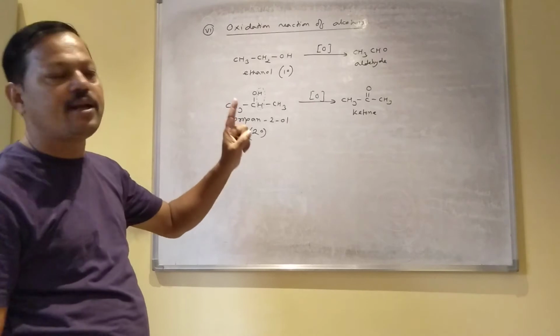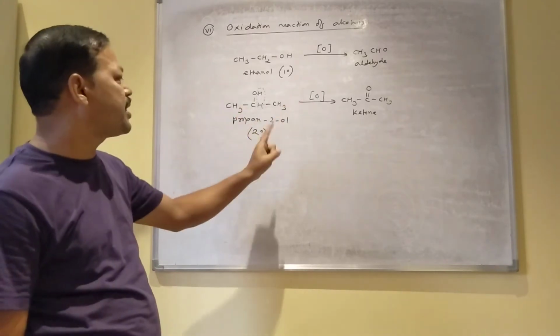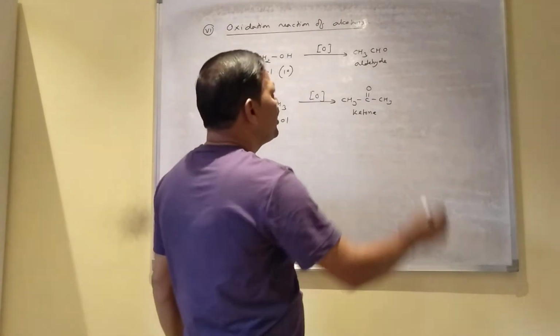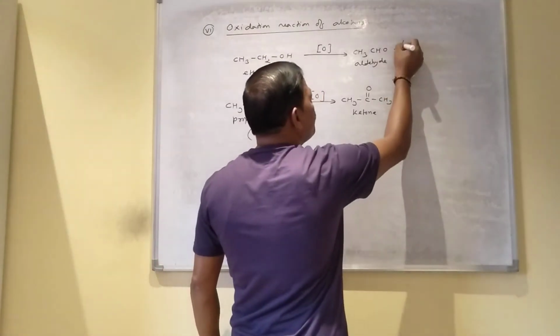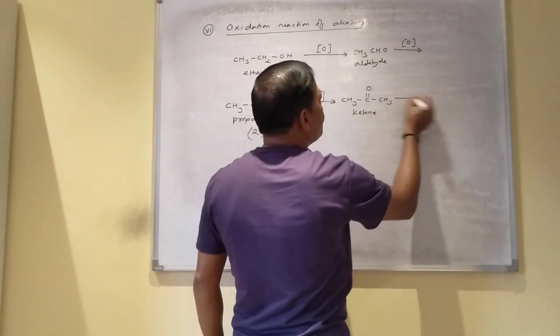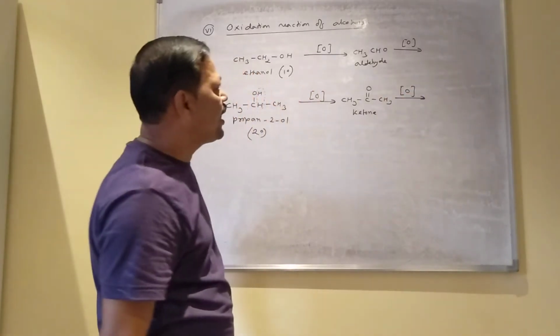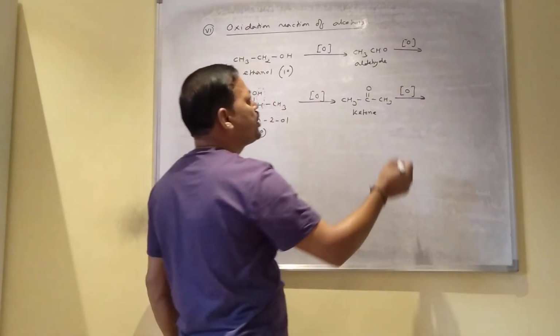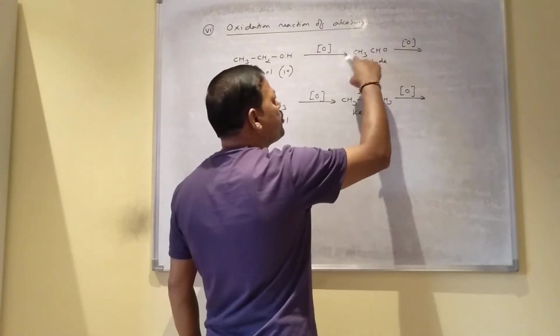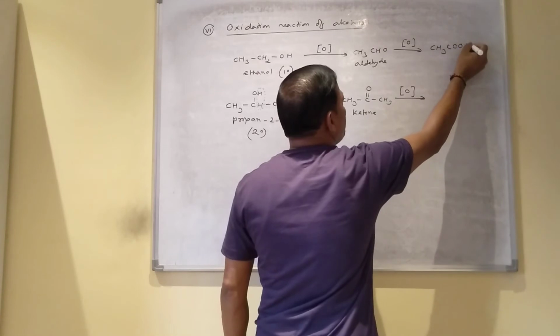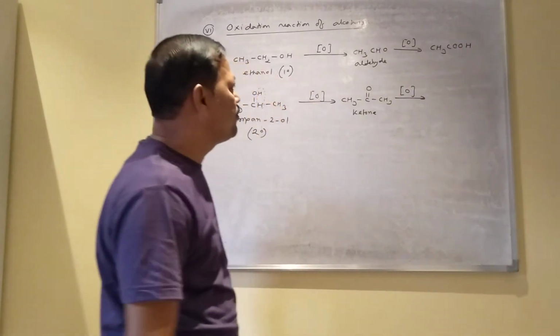So primary alcohol gives aldehyde, secondary alcohol gives ketone on oxidation. Again, you can do further oxidation of aldehyde and ketone, and they will convert to carboxylic acid. Here how many carbons? 2 carbons, so you will get a 2-carbon carboxylic acid, CH3COOH. Oxygen will be added.